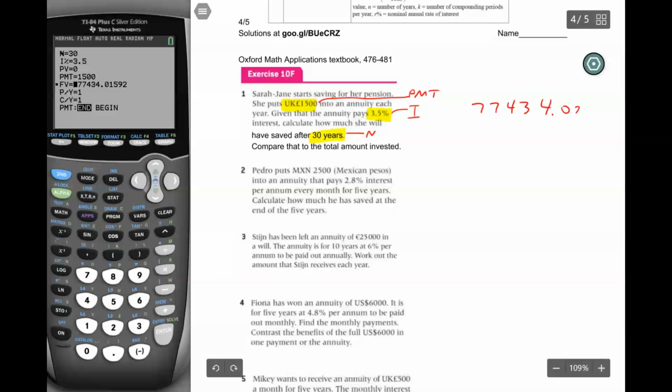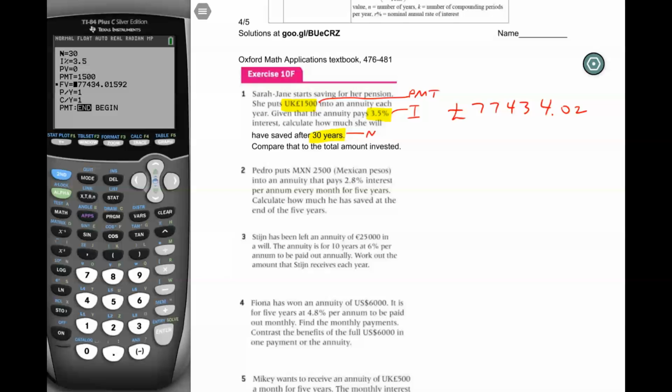So the total amount she saved is 77,434.02 pounds. When you look at this value, 77,434.02, this corresponds to how much she has invested plus all the interest after 30 years.